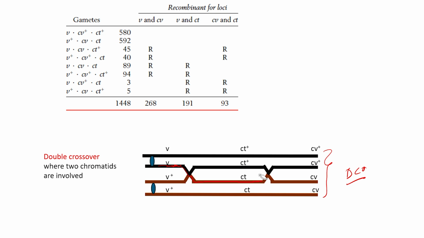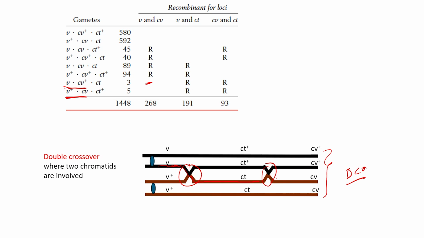So because of these two double crossover events, actually the crossing over took place, but you thought that it is not a recombinant for V and CV, or V plus and CV plus. See, V plus and CV plus, you thought that it is not a recombinant, right, here.